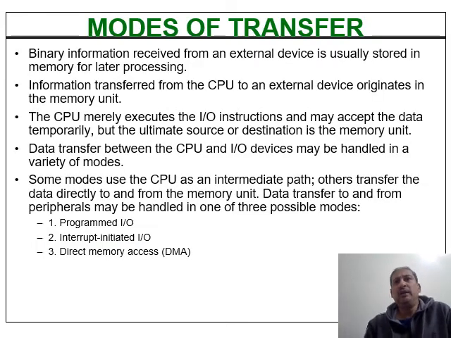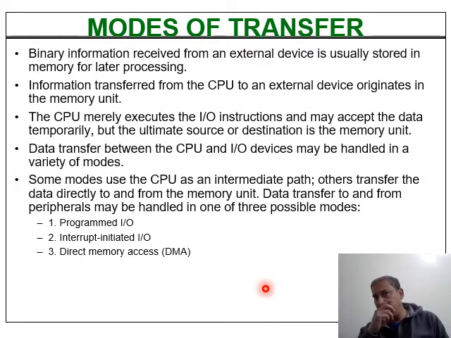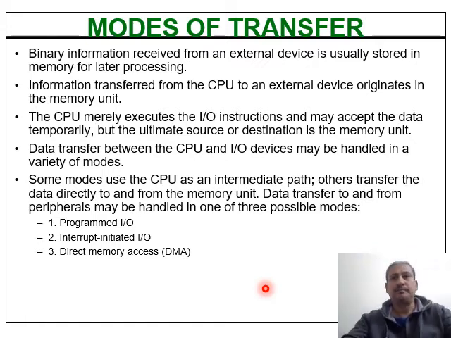We normally talk about the transfer of data between the CPU and the input output devices. But in actuality, the source or the destination of the data being transferred between the input output devices and the CPU is the memory. If I'm talking about data input, the CPU is reading some data from the input device, but where is the data going? The data is actually going into some variable in the memory.